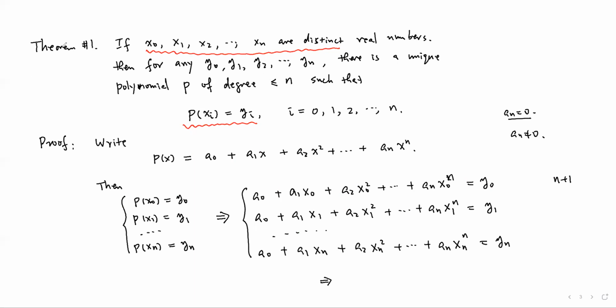Now the second theorem is about error. We approximate a function by a polynomial. Then what is the error between these two functions? Error, the difference. Okay.